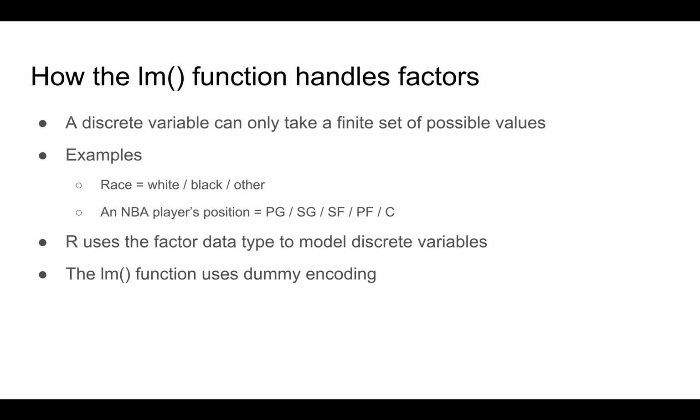Let's also talk about factors. Sometimes we need to estimate or make predictions, and some of the explanatory variables are discrete. That means they're not like measurable quantities, but there are only a few possible values of these variables. What the LM function does to handle this situation is to use what is called dummy encoding.